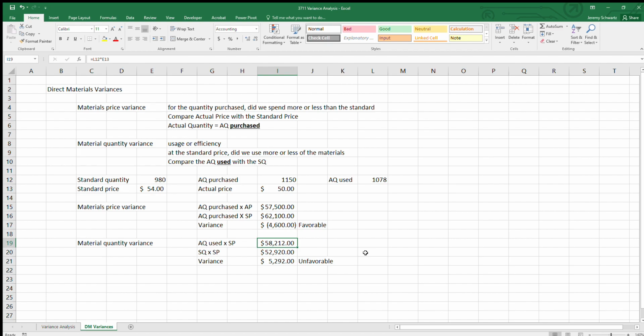Well, we ended up using 1078 up here instead of 980. If based on the budget we were supposed to use 980, we ended up having to use more material. This more than offsets the price savings that we had, because we ended up having to use more.